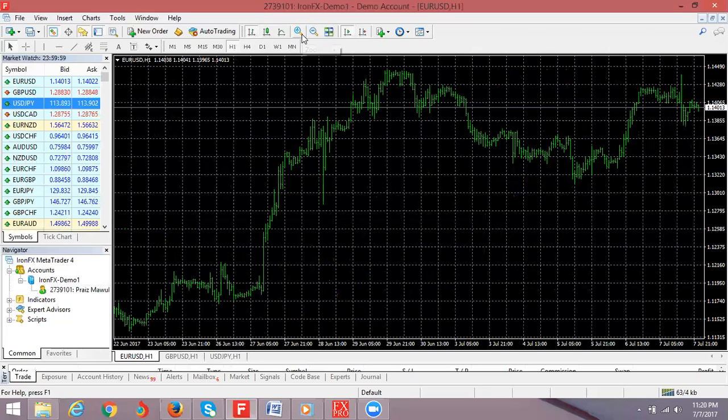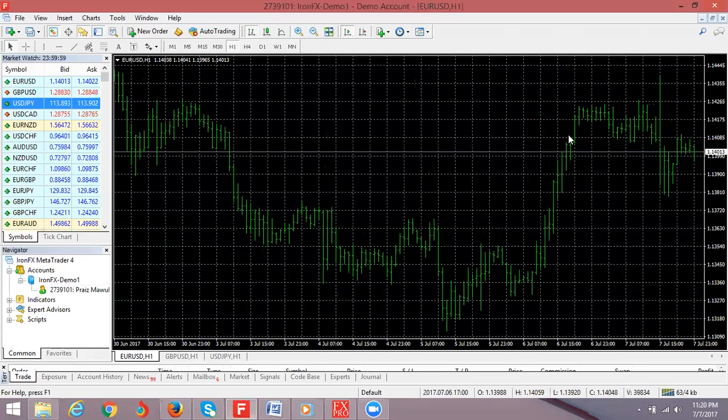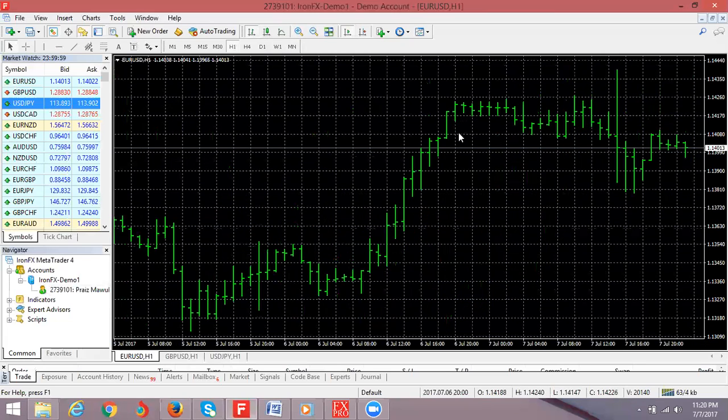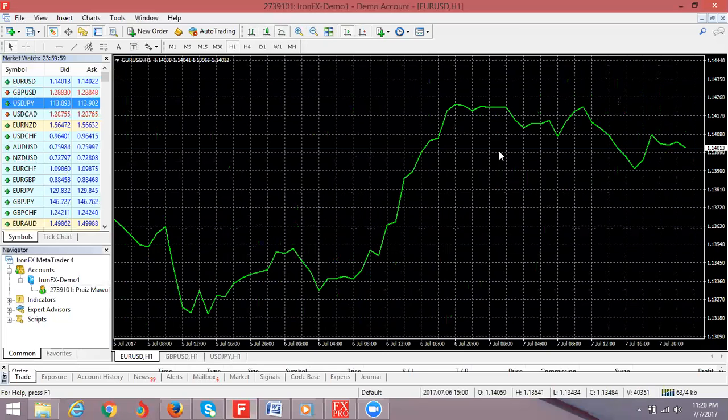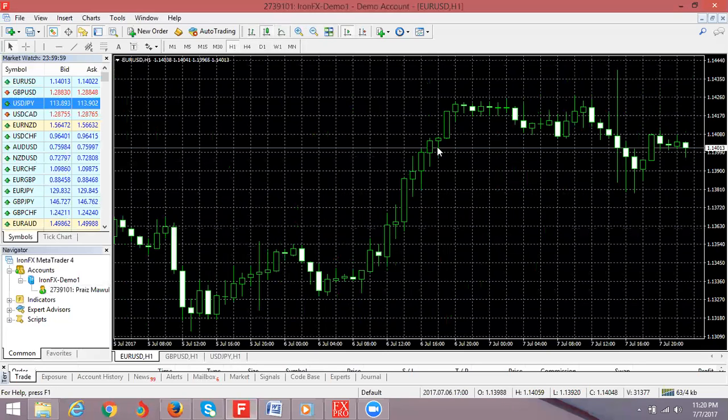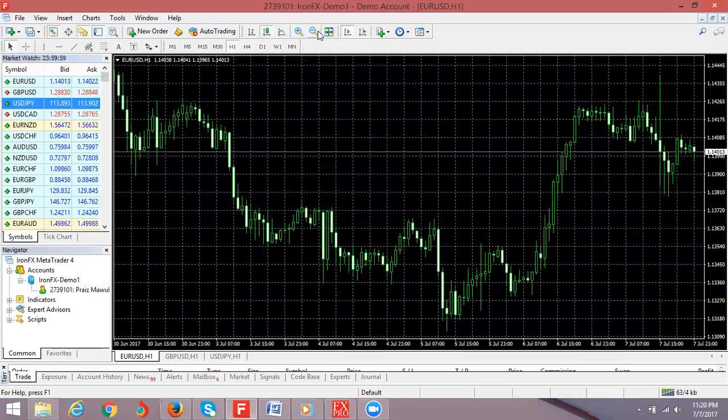Let's magnify it. You see that this is the bar chart. Okay, you can change that to a line chart if you like to, or a candlestick chart.